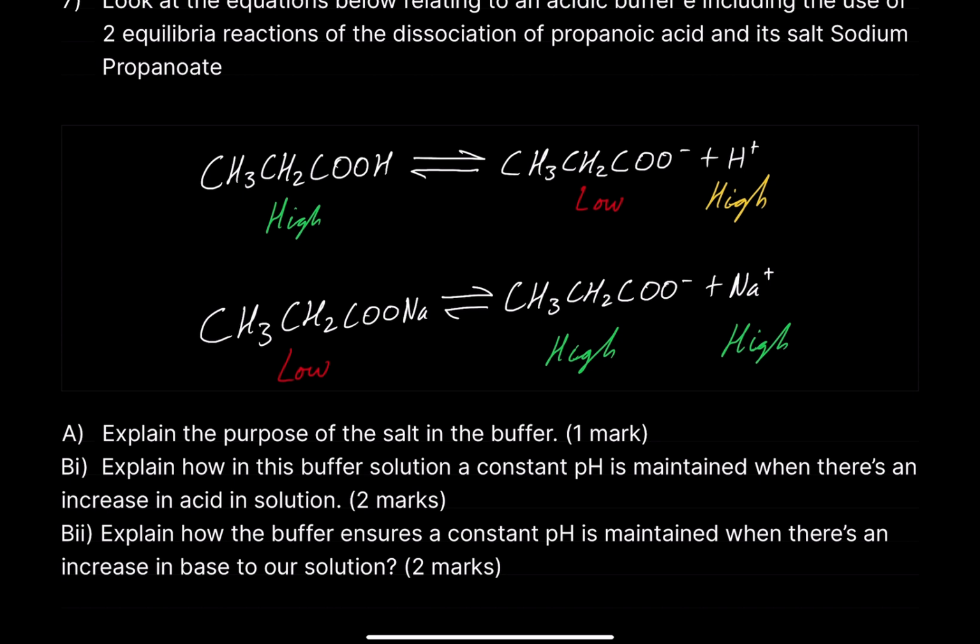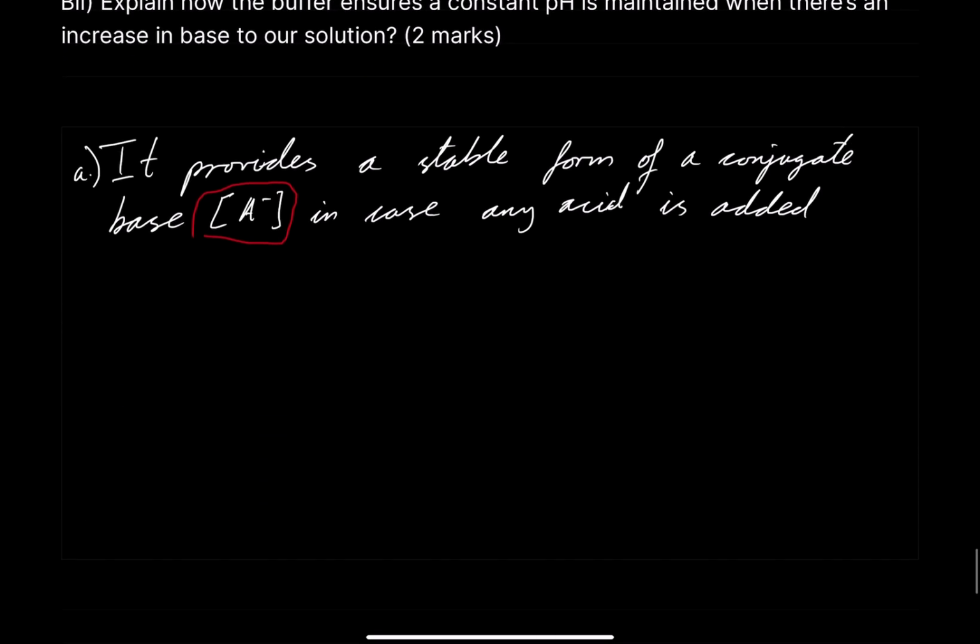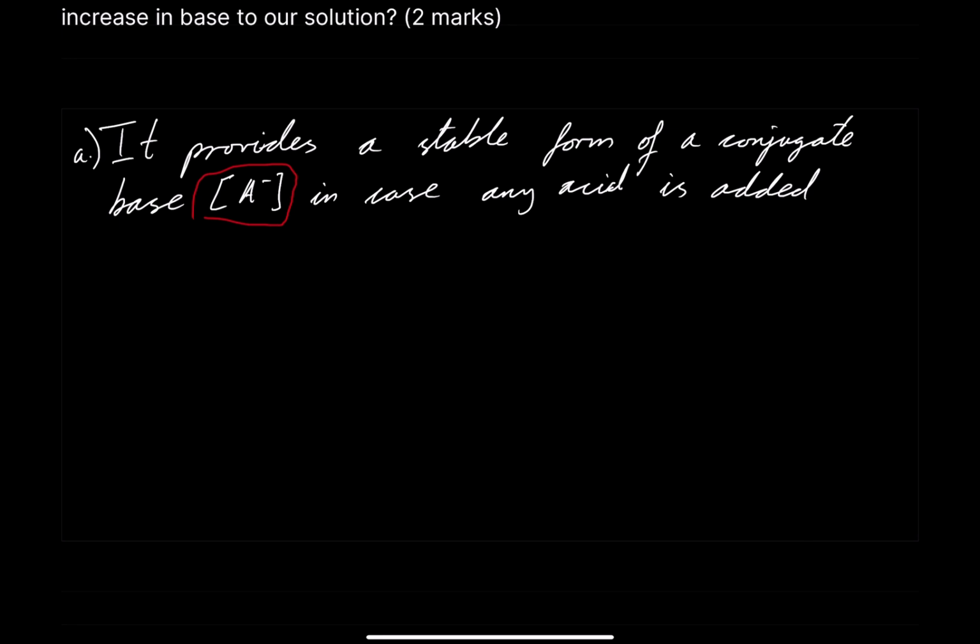This causes equilibrium to shift to the left. That's the main thing. Saying equilibrium shifts to the left, or saying there's an increase in H plus concentration in our products causing a shift in equilibrium to the left. That's 1 mark.